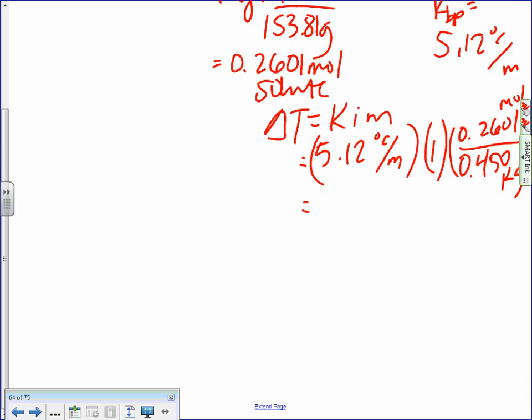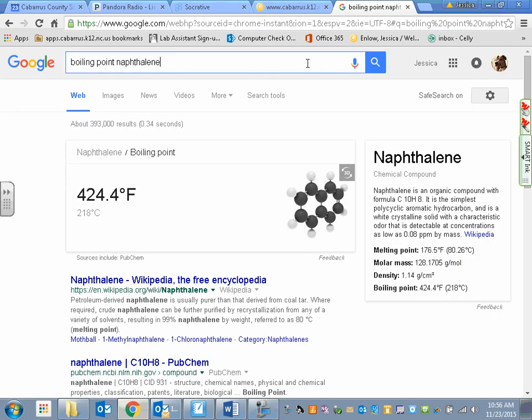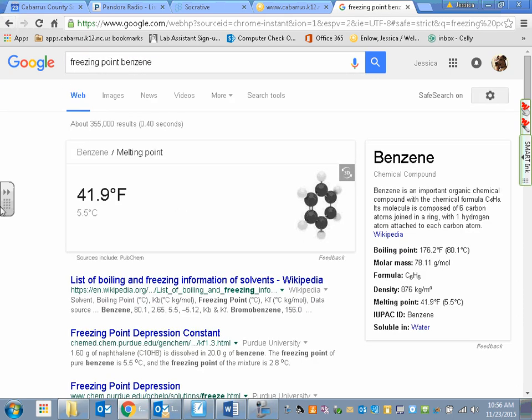And then we'll take the freezing point of benzene. 5.5 degrees Celsius is benzene's freezing point.